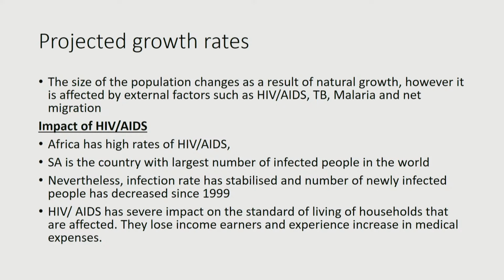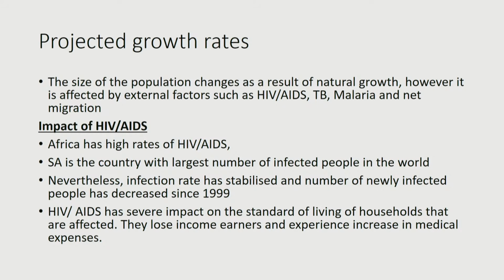Nevertheless, the infection rate has stabilized and the number of newly infected people has decreased since 1999. And one would say this is due to the availability of antiretroviral pills, which has decreased the number of new infections and also the number of people dying as a result of HIV and AIDS.